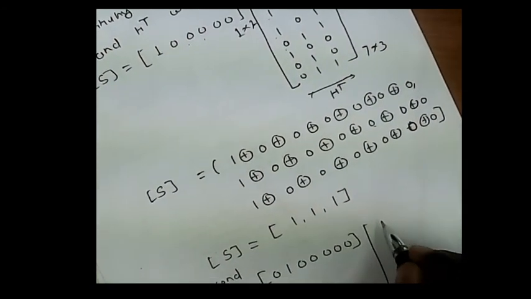That is, S is equal to the second error vector, 0 1 followed by 5 zeros, and the given transpose matrix of dimension 7 by 3: 1 1 1, 0 1 1, 1 0 1, 1 1 0, 1 0 0, 0 1 0, 0 0 1.